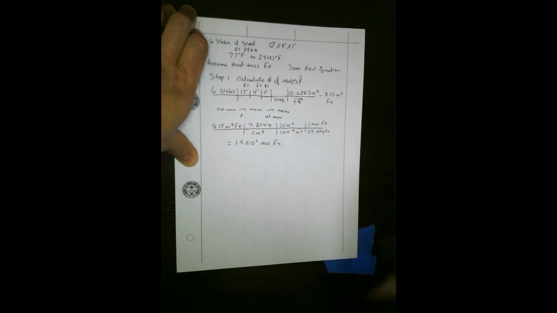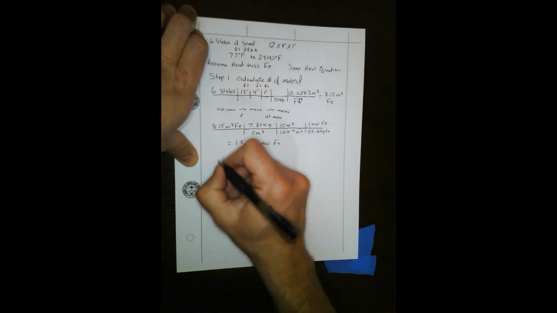Anyway, we want to know what the temperature of 2400 degrees equals in Kelvin, and some of you do this conversion a lot. We want to first convert to Celsius, then we can convert to Kelvin.